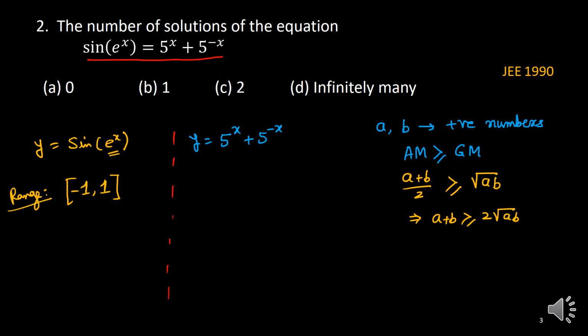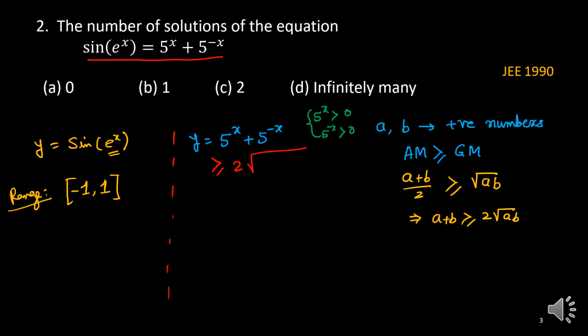Clear? So in this case, 5^x and 5^(-x) are both positive, because 5 is a positive number, so its power is always positive for any real value of x.